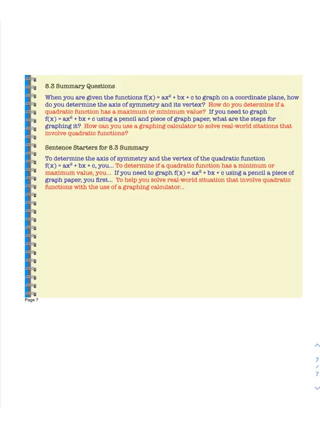All right, students, thanks for tuning into the notes for today. Just some summary questions. When you are given the function ax squared plus bx plus c, you can determine the axis of symmetry by using the formula x equals negative b over 2a. That was a huge part of the notes for today. And then to find the y coordinate of the vertex, you plug in x to find y. How do you determine if it's a maximum or minimum value?